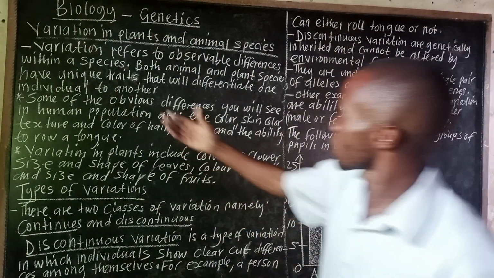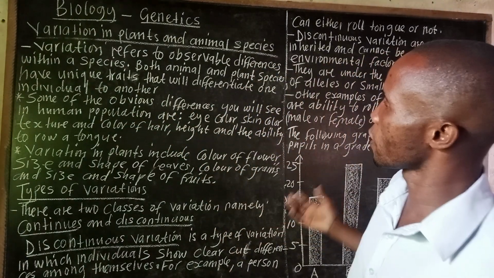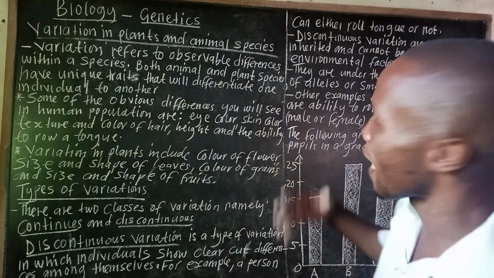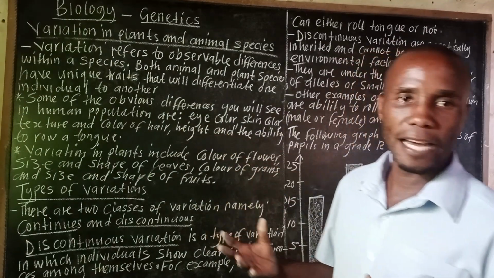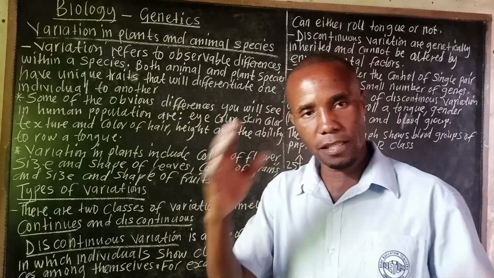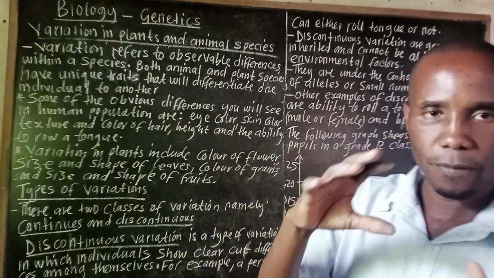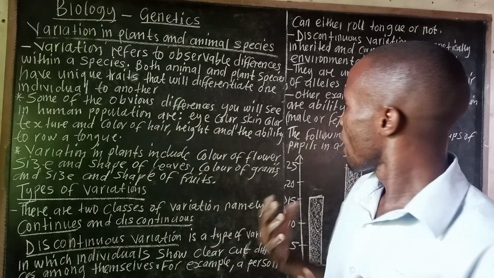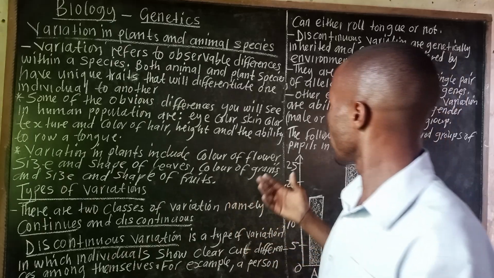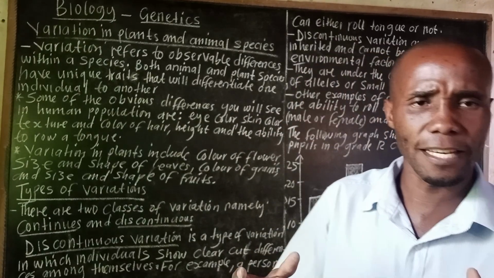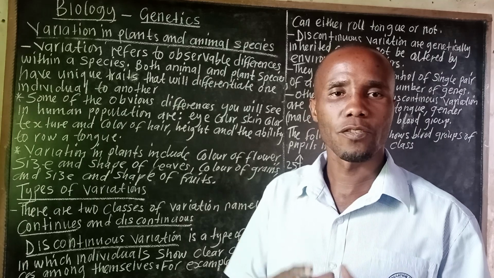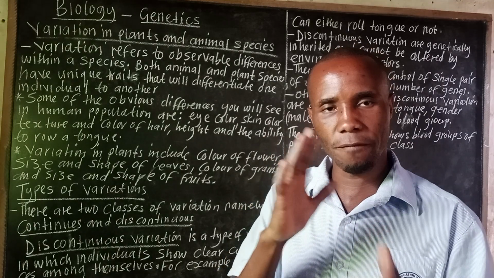Some of the obvious differences in the human population are, first, eye color. You see that some people have got white eyes, others red, others black. Just from there you are able to see the variation.